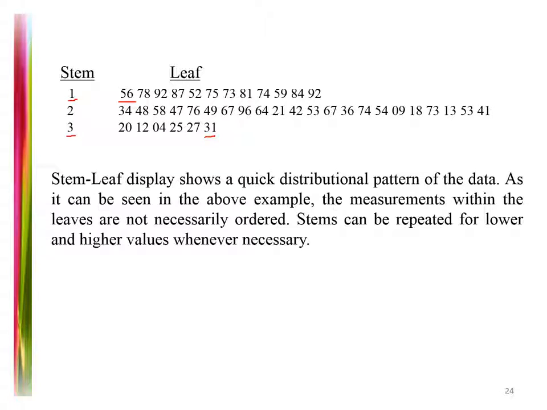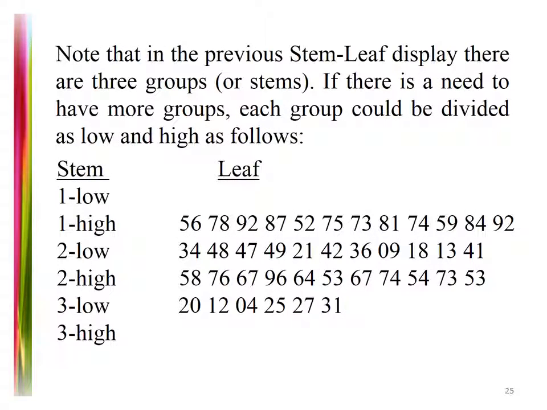Stems can be repeated for lower and higher values whenever necessary. This is another way, which we call double stem and leaf display. In this case there are three groups, so we split each group into two groups. With more groups, each group could be divided into low and high. So in this case we consider 100 to 150 as one low, and 150 to 199 as one high.